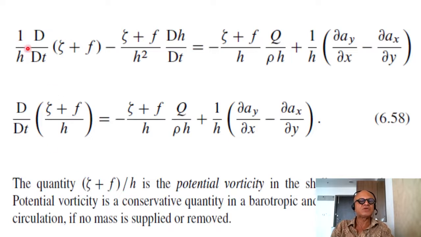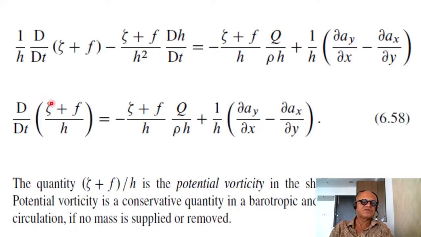So writing the equation, 1 over h d/dt of (zeta plus f), total derivative, minus (zeta plus f) over h squared dh/dt, equal to minus (zeta plus f) over h q over rho h plus 1 over h times the curl term.